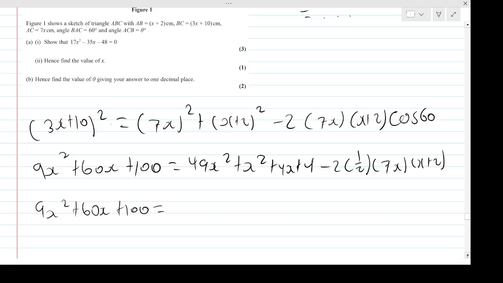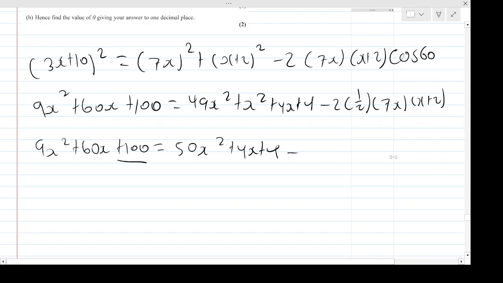It's going to equal 49x squared and an x squared would be 50x squared, add 4x, add 4. Then 2 times a half is just 1, so take away 7x times x plus 2. So minus 7x times x will be minus 7x squared, then minus 7x times 2 will be minus 14x.